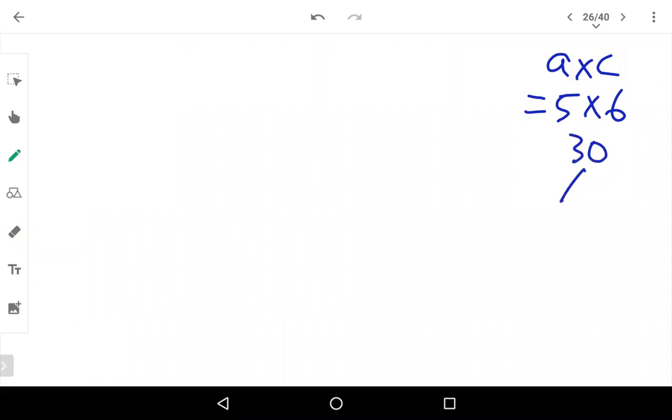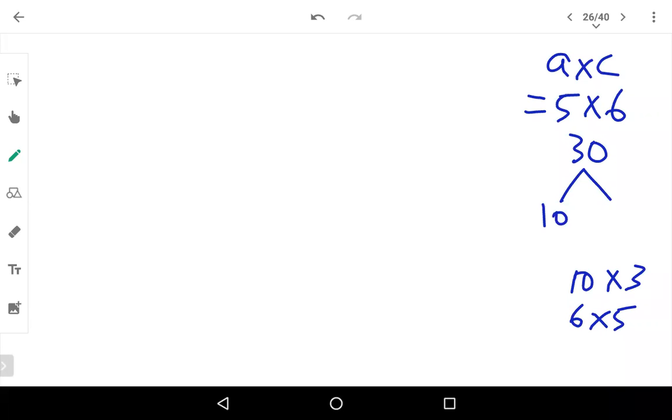So what are the other factors for 30 where you get 13? What are the factors you can get? 10 into 3, 6 into 5, 5 into 6, both are same. Can we take 10 and 3?